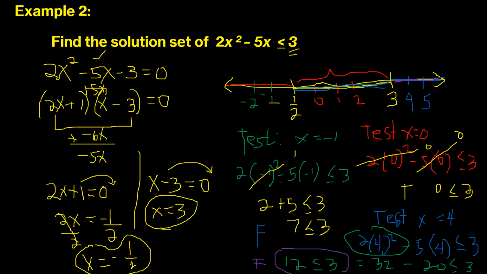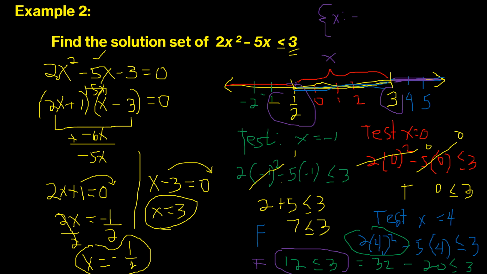So there's only one region which satisfies our inequality, and it is between negative 1 half here and positive 3. So therefore, our solution set should be x such that. So we have to describe the numbers between negative 1 half and 3. So these numbers are called x.